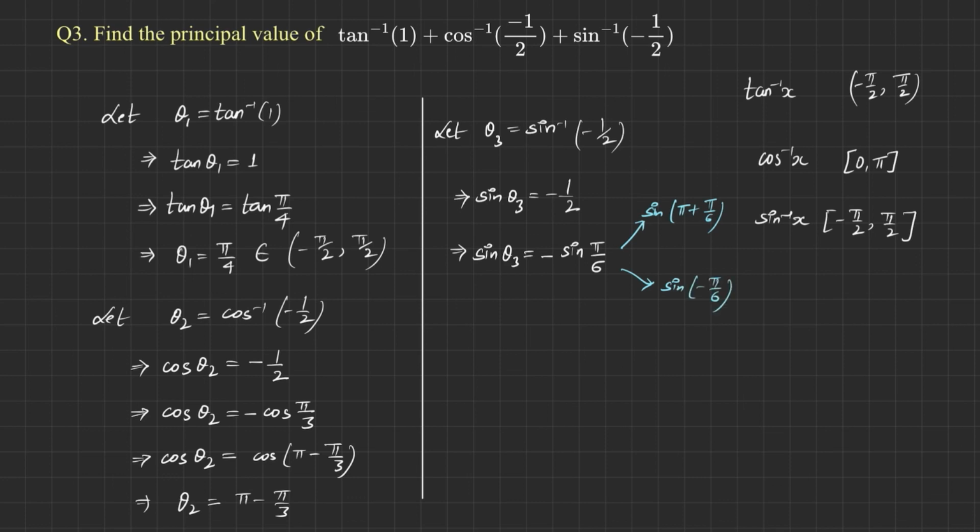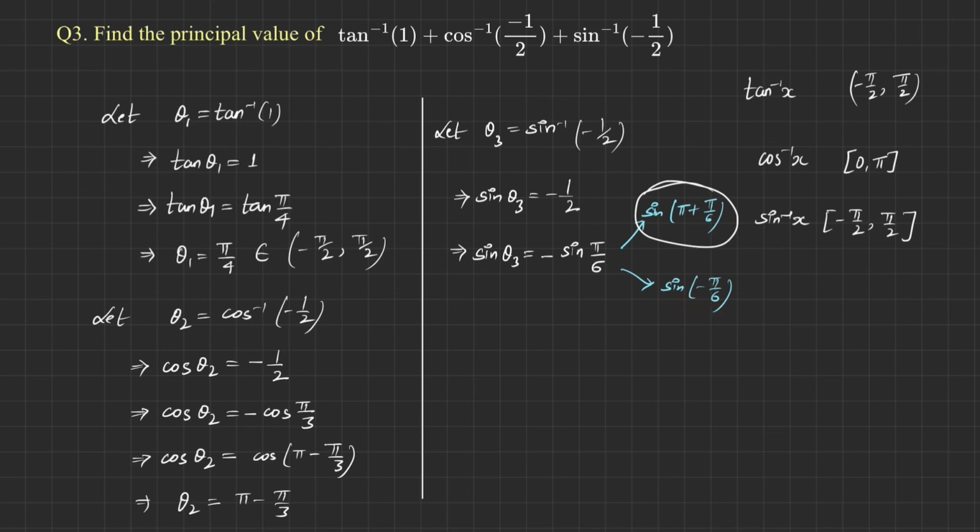So we have both options, but we cannot take the first one, because then theta 3 will be pi plus pi by 6, which does not lie in its principal value range. So hence we will take the negative function, that is sine of minus pi by 6.